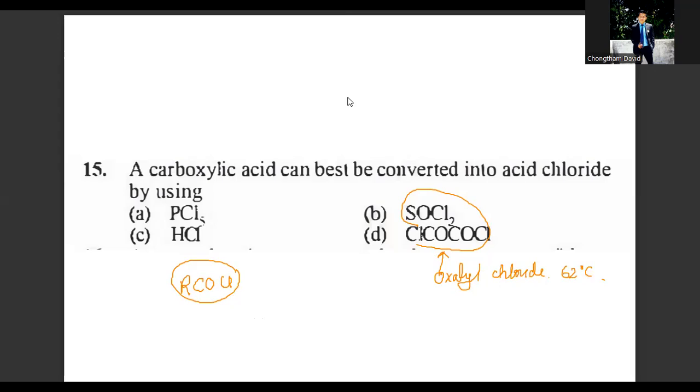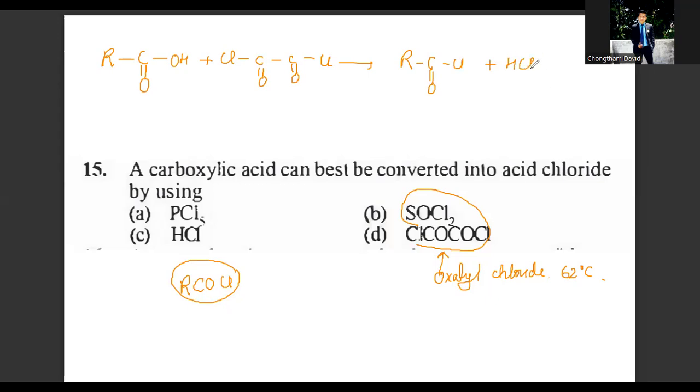So to answer this question, let us write the reaction. Acid plus oxalyl chloride, you are going to get acid chloride, which can be used for the Rosenmund reduction reaction.